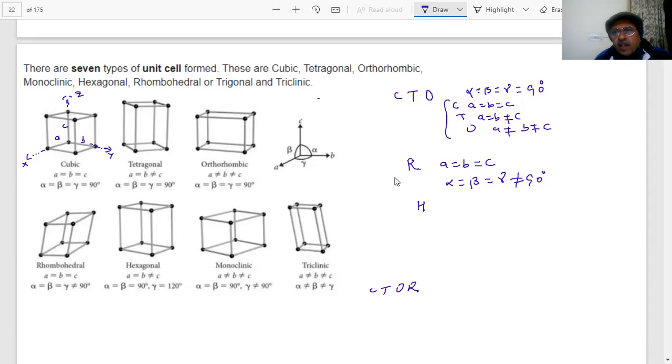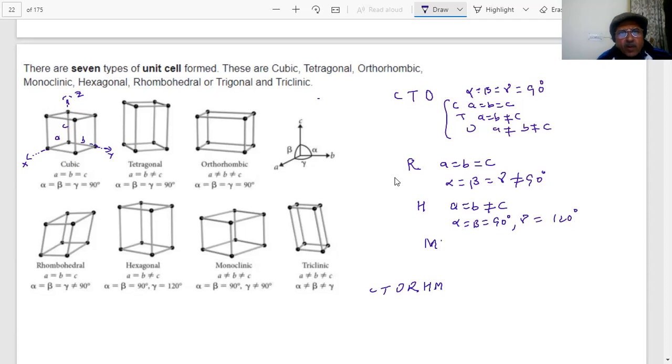A is equal to B, B is not equal to C. Two angles, alpha and beta, are 90 degrees and gamma is 120 degrees, students. So hexagonal: CTORH, hexagonal.